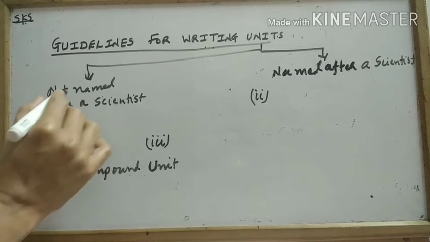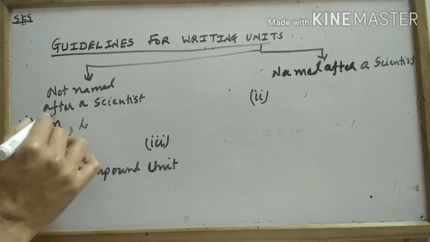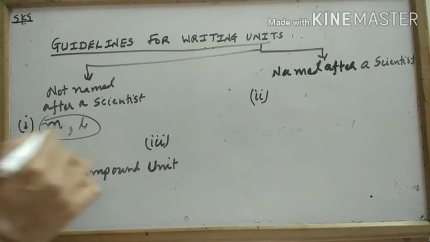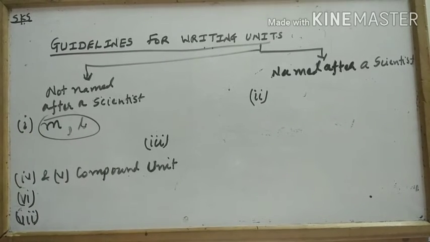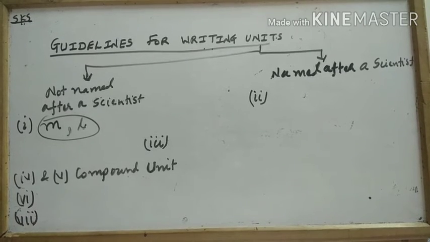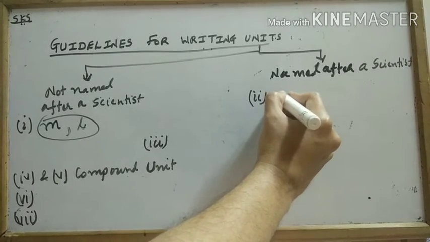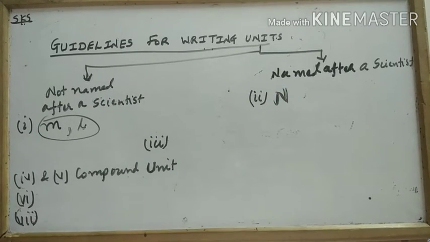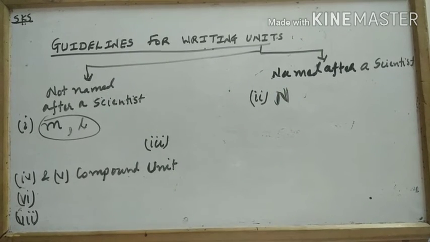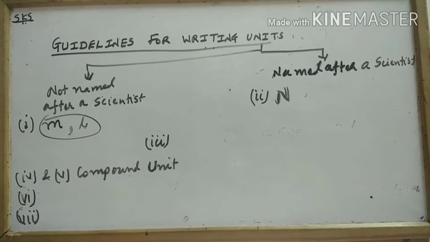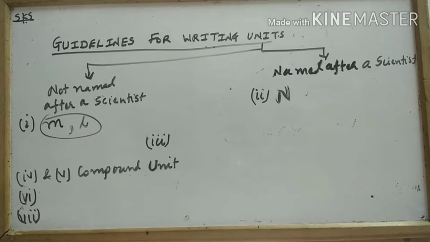So whenever a unit is used in abbreviation and it is not named after a scientist, we use the smaller letters. If I'm using a scientist's name, say for example I'm measuring force, and I'm using abbreviation, then it is written as capital N.